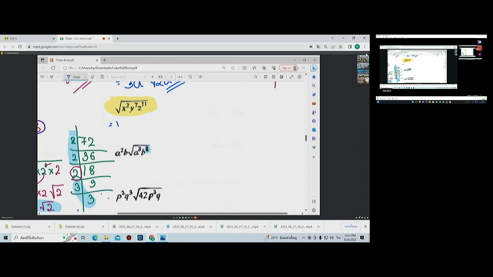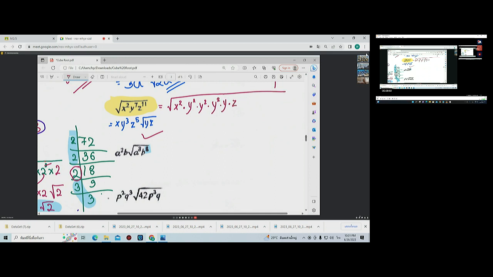X y power 3 z power 5, square root of yz. Do you get this? Do you get this or not? Correct. Now I will show you how it is correct. X square, y power 2, or y square, y square, y square, y, right?